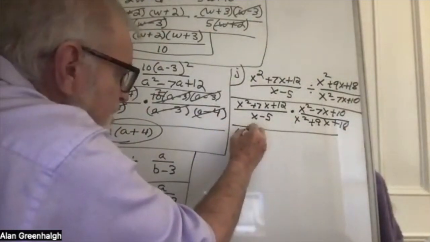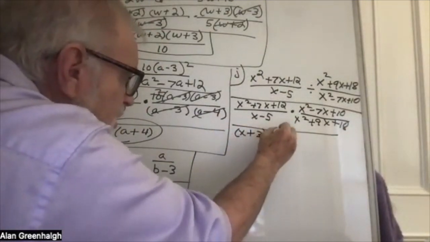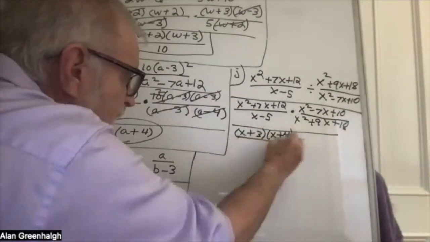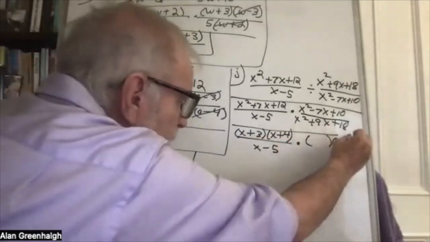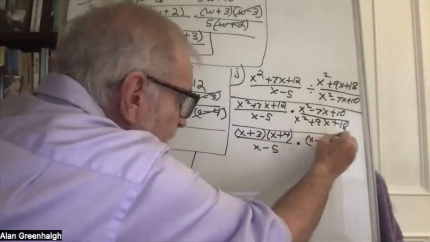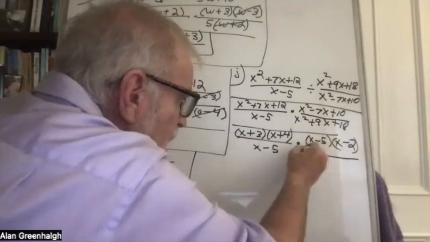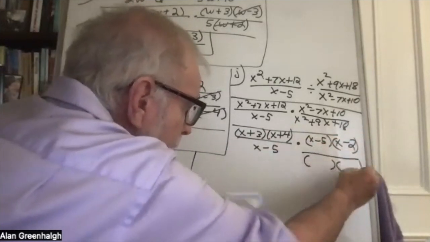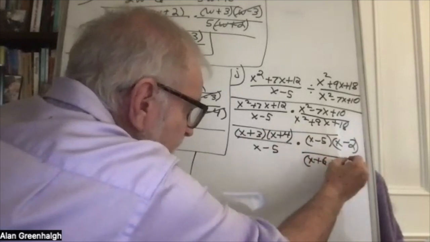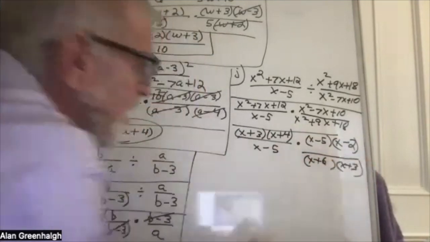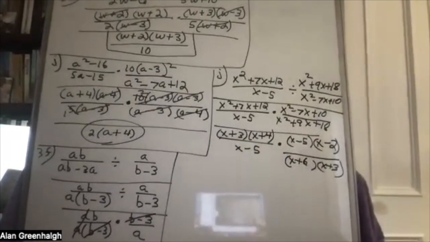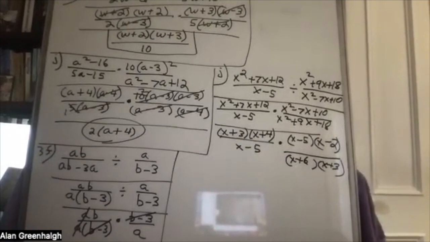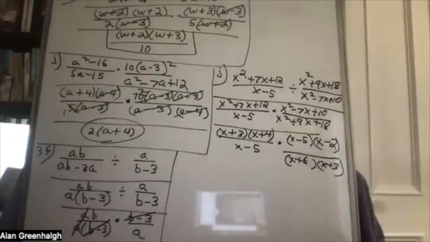So x plus 3 times x plus 4 divided by x minus 5, times x minus 5 times x minus 2 divided by x plus 6 times x plus 3. And what you should do is check your own work, check my work to your work, and make sure that neither one of us made a mistake.